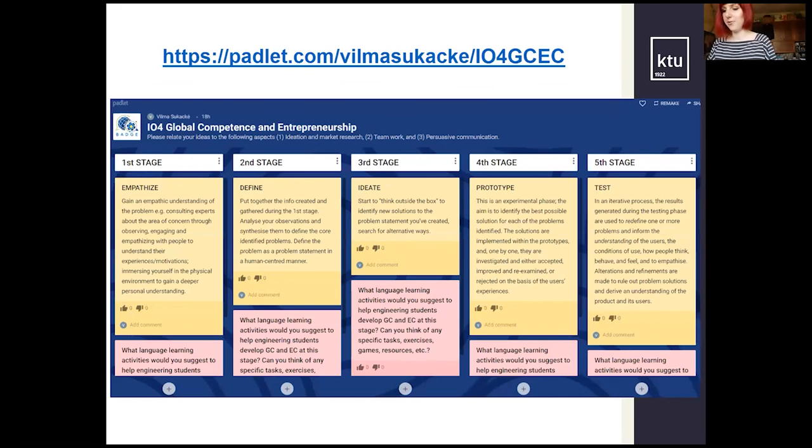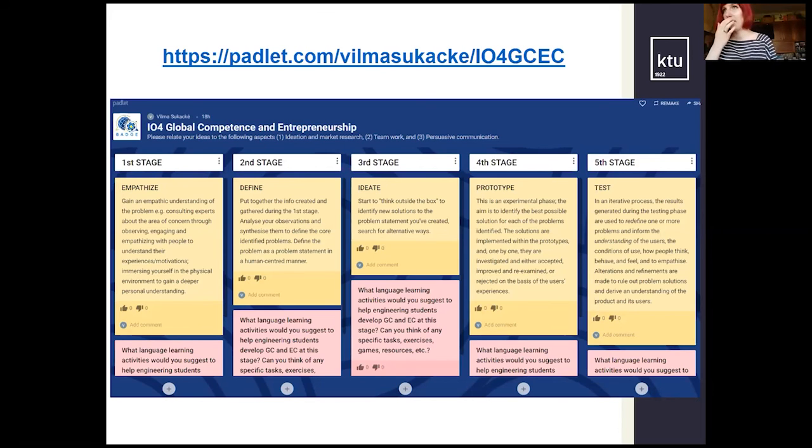And if I failed to convey some of the information about those steps, there are short descriptions below the stages, so we can have a look at that once again. And we would like to ask you to add some ideas of activities or tasks or anything relevant that you can think of that could help to develop our students' global competence and entrepreneurial competence.